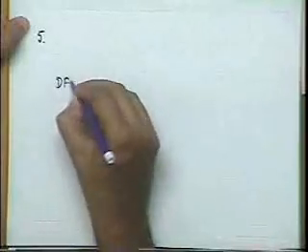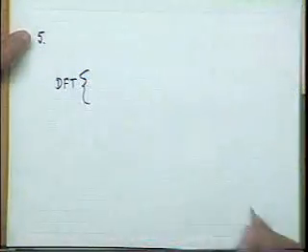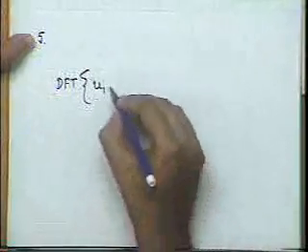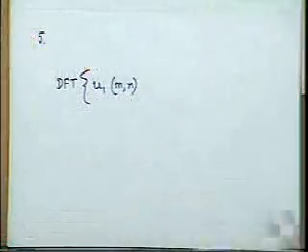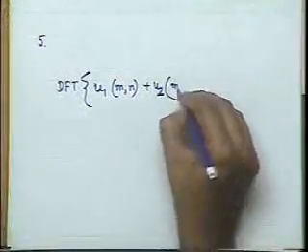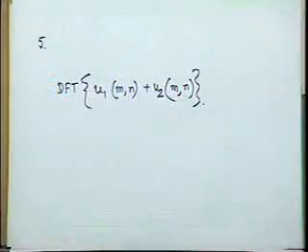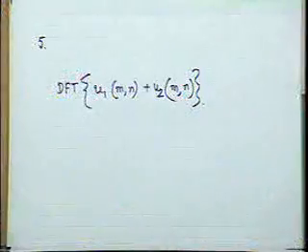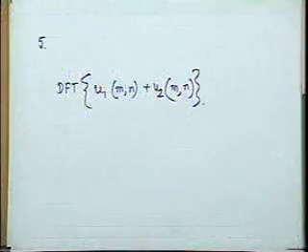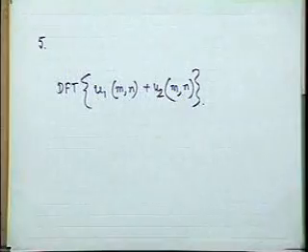Now, coming to the next property, let us consider the DFT of summation of two sequences. I take two image sequences, u1(m,n) plus another image u2(m,n), and I take the DFT of this. It is obvious from the definition of the discrete Fourier transform expression itself that this is equal to, can anybody tell?